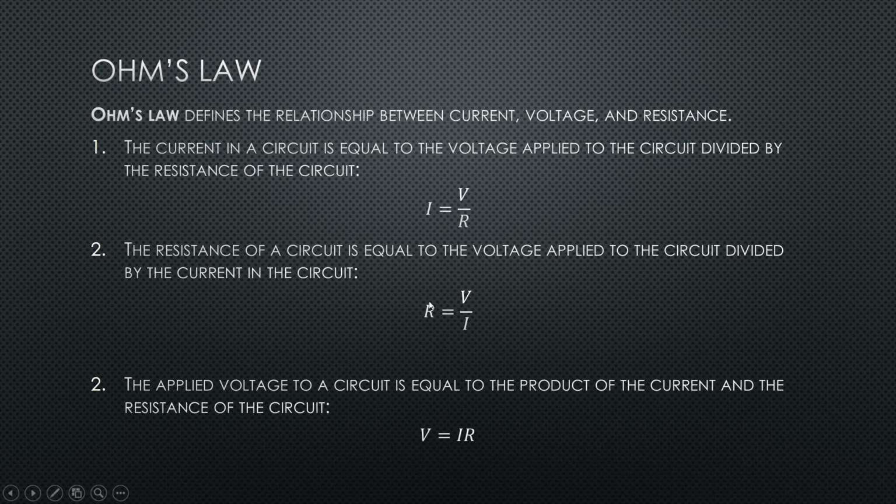So that is the resistance of the circuit is equivalent to the voltage applied all over the current of the circuit. And the voltage applied to a circuit is equal to the product of the current and the resistance of the circuit, and that is voltage is equivalent to the product of current and the resistance of the circuit.